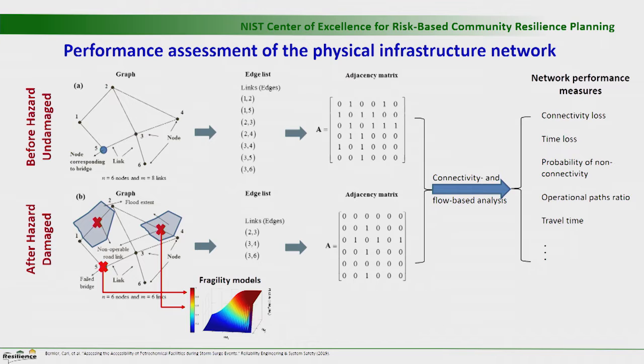On the connectivity side, this may be things like looking at the probability of connectivity to key services or to key nodes within our infrastructure network, looking at various metrics like operational path ratios, or we may look at flow-based measures, for example, travel time through a transportation system.